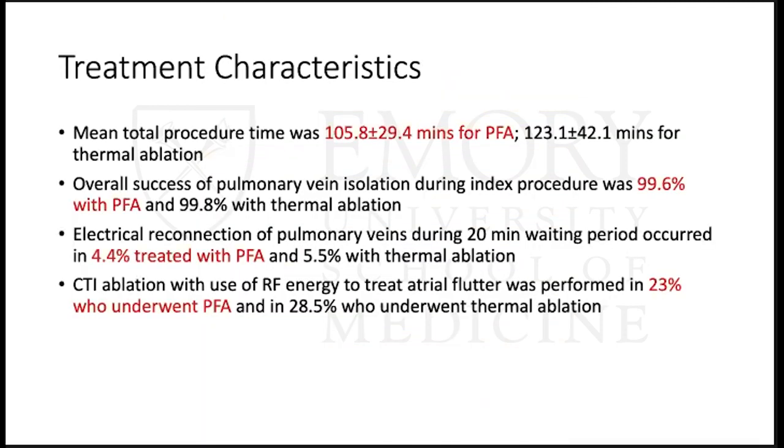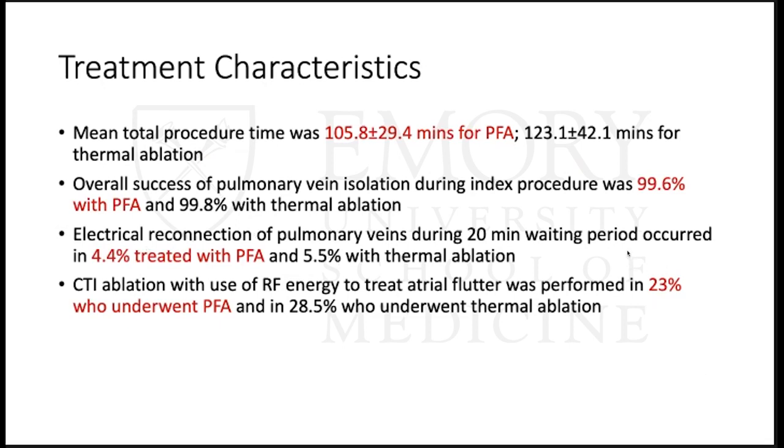So looking at the actual treatment characteristics between both groups, the mean procedural time was roughly 106 minutes for PFA and 123 minutes for thermal ablation. Overall success of pulmonary vein isolation during the index procedure was roughly the same between each group, 99.6% and 99.8% in thermal ablation.